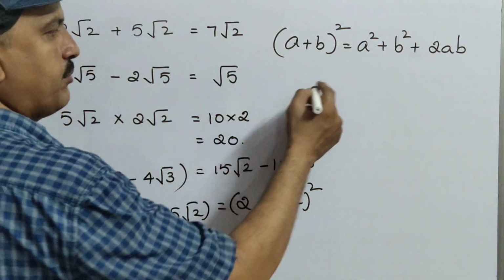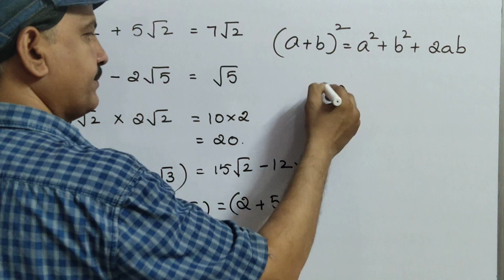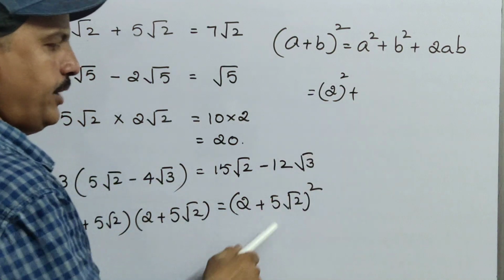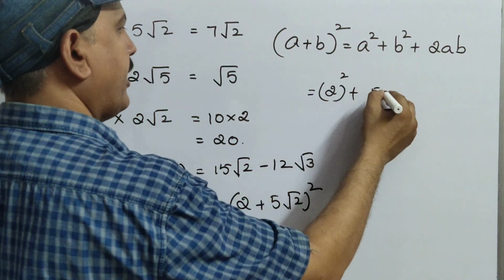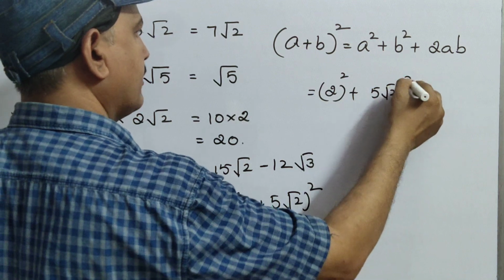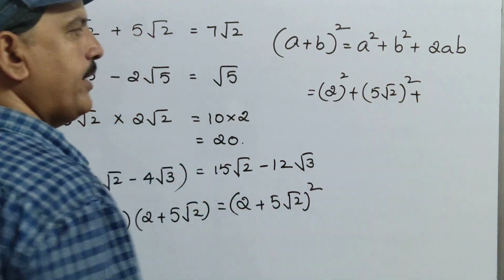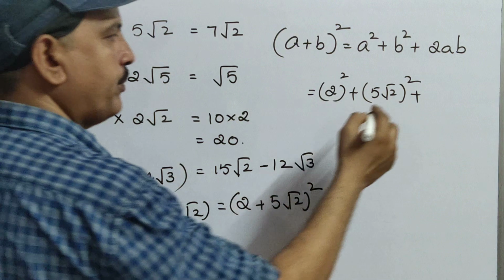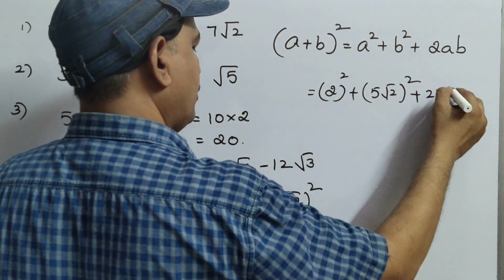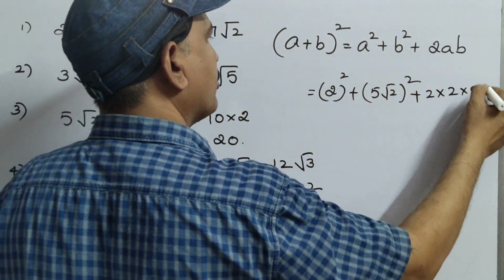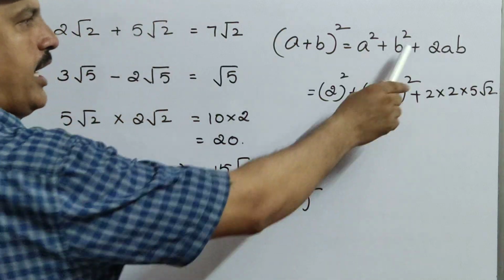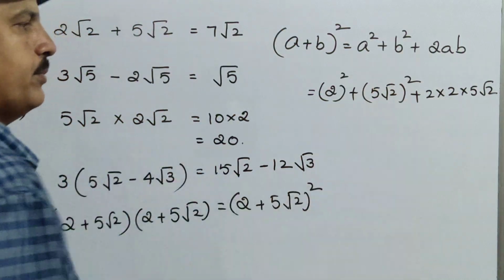A is 2, that means 2 square, plus B means 5 root 2 whole square, plus 2AB, that means 2 into A into B, that means 2 into 5 root 2.